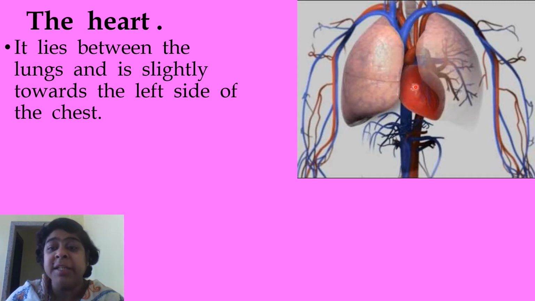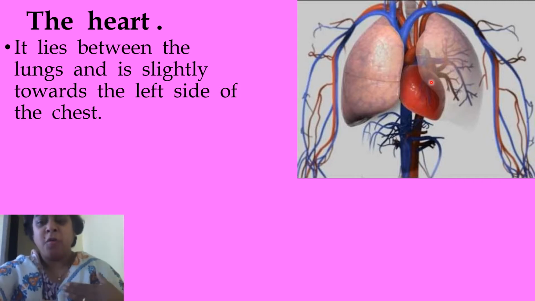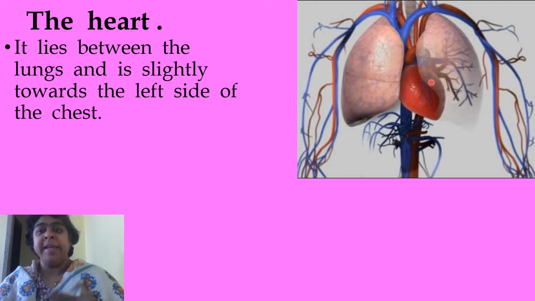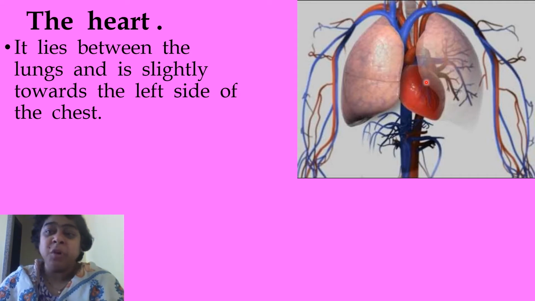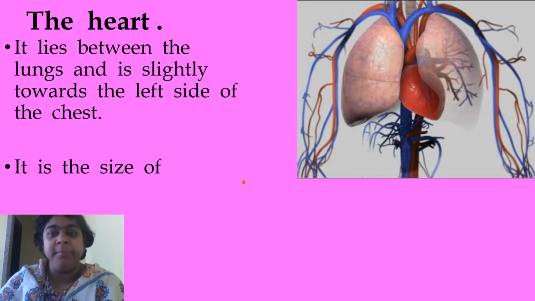But children, it is more towards the left side of your chest. It is tilted slightly towards the left side. That's why when a person is having a heart attack, the first thing he'll rub is the left side.